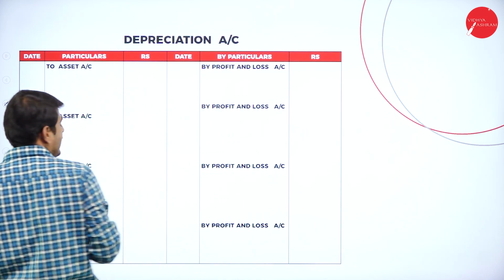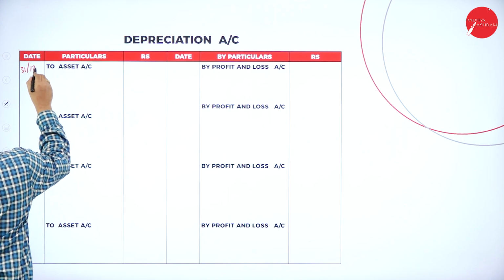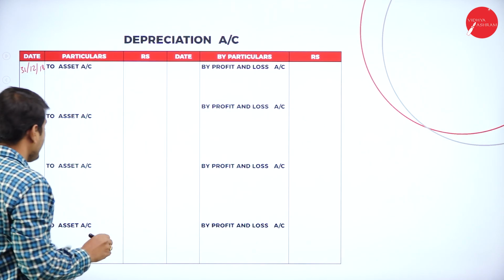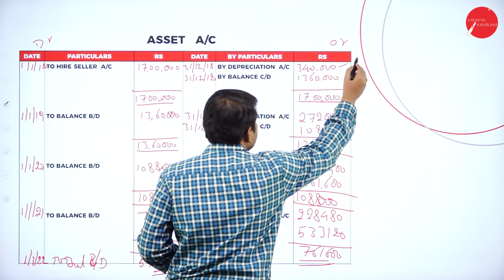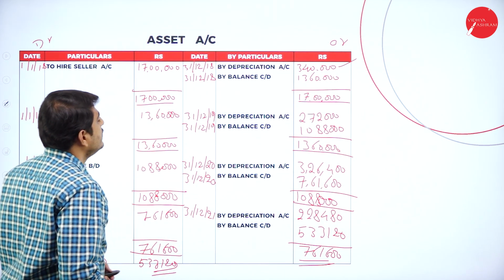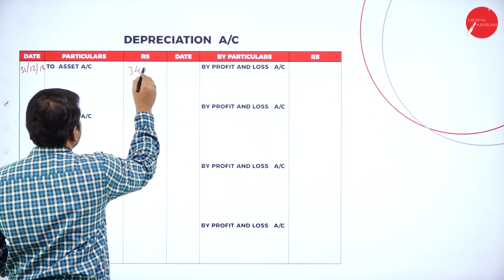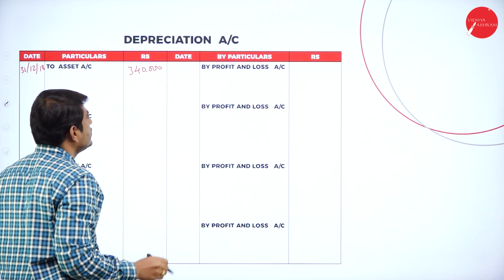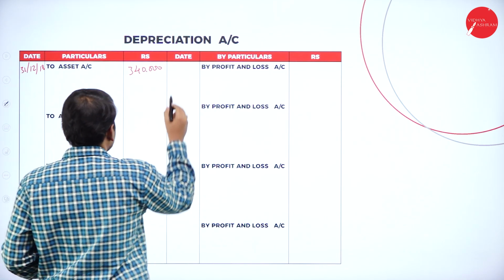So when we calculate the depreciation at the end of the year, 31st/12/2018, what is the first year depreciation? 3,40,000. So it will be transferred on the same day to profit and loss account.